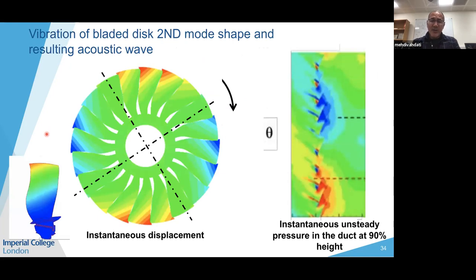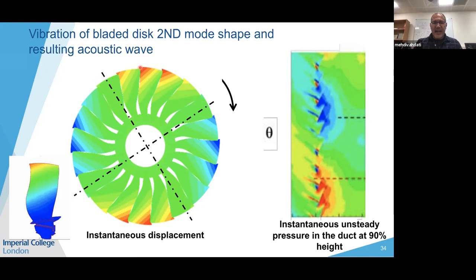Usually when the blades flutter, they do not flutter in phase. This is the instantaneous contours of displacement for the first flap mode. Usually the blades flutter with a phase difference between different blades.